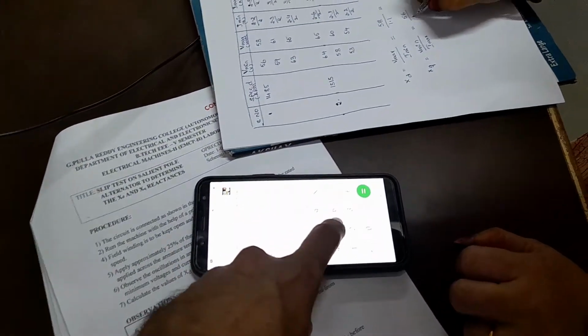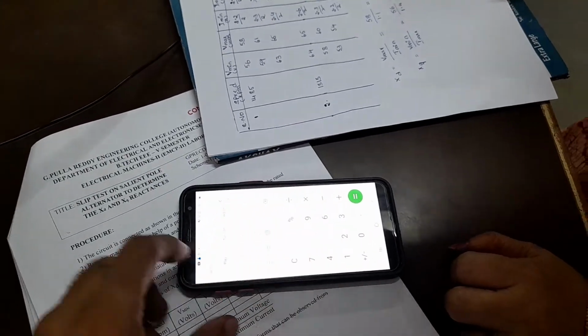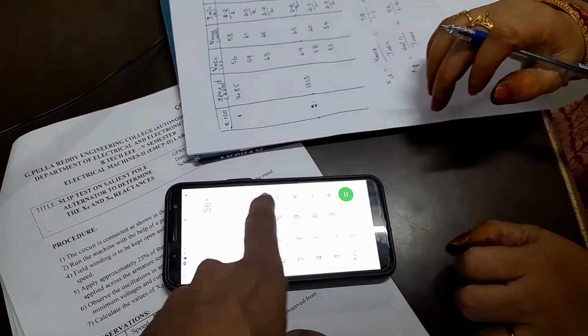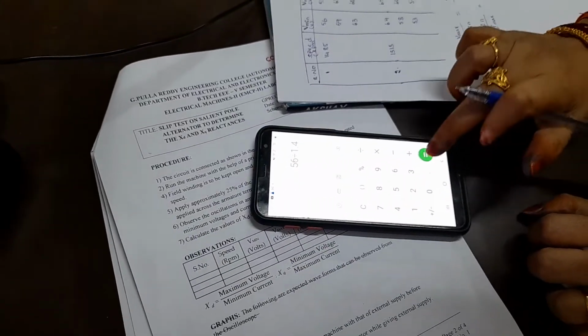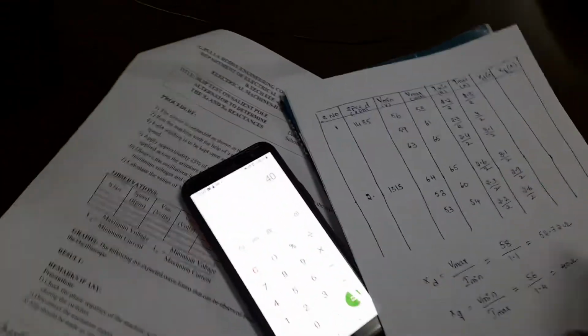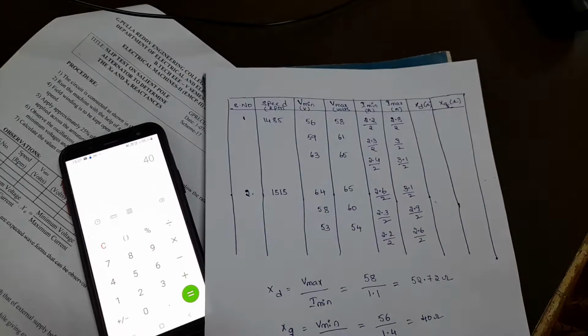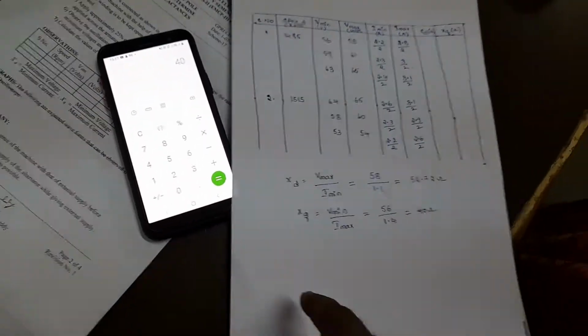Similarly, Xq, 56 divided by 1.4, it is 40. You can observe 40. So like this, for every reading we need to tabulate here, and the average value of this is to be noted down.